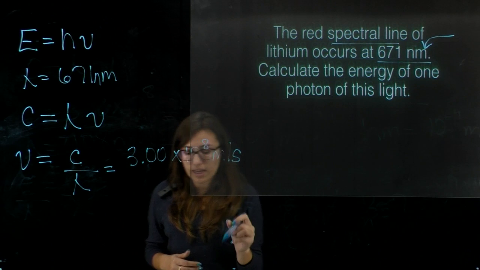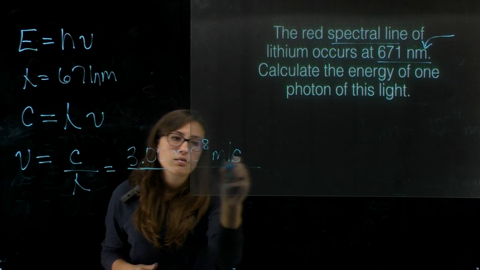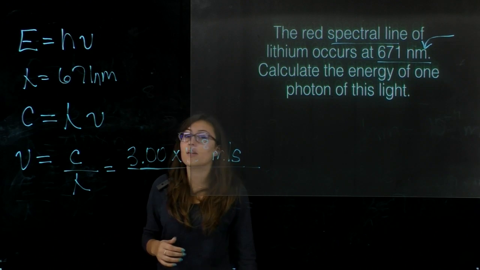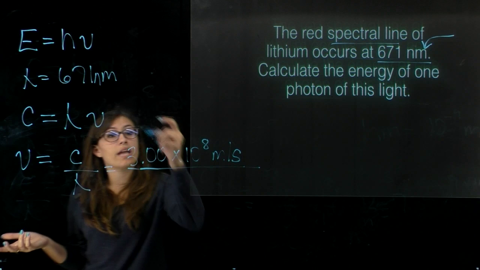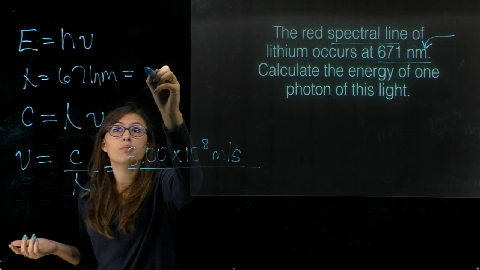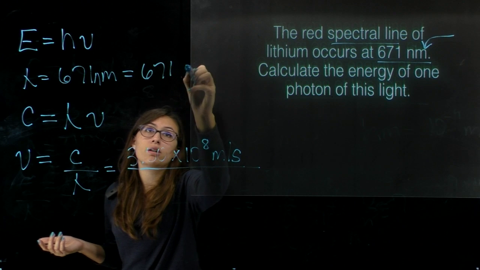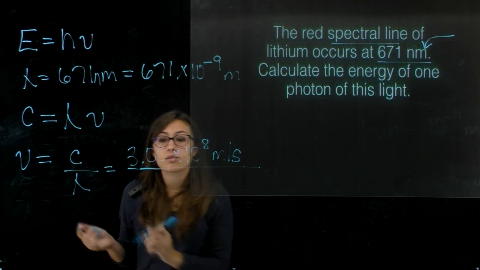meters per second divided by the wavelength. Well, the first thing that we have to remember is we have to make sure our units match. So we have to convert this into meters. So 671 times 10 to the negative 9th meters. So perfect.